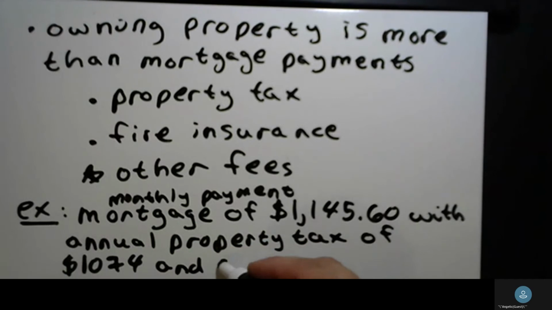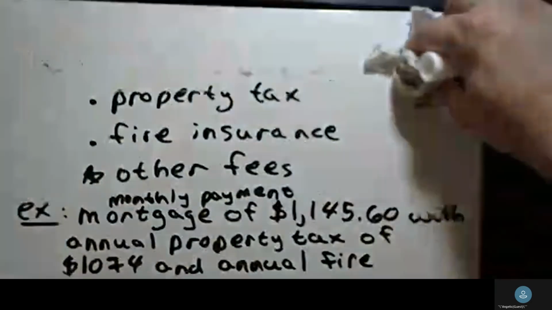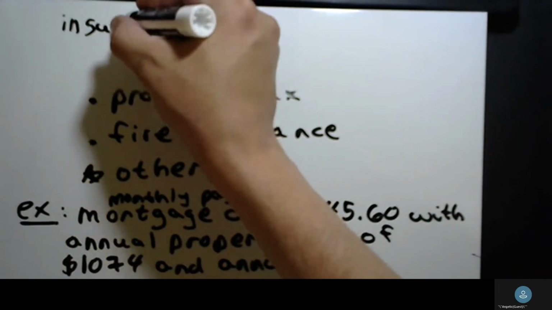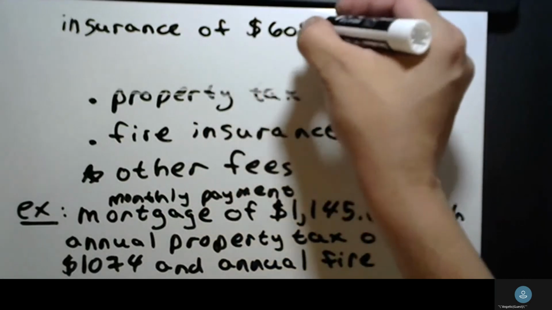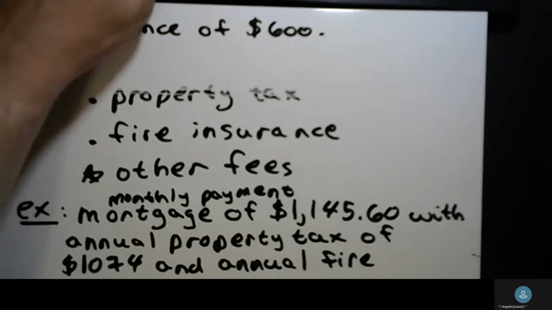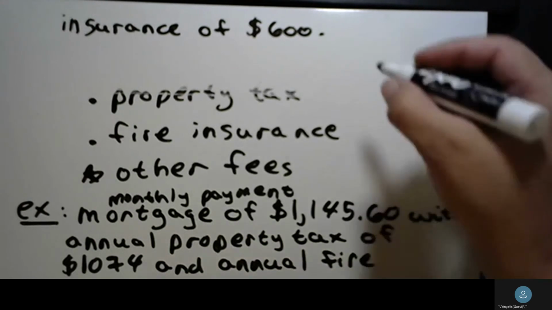And an annual fire insurance of $600. So we want to find the total monthly payment.